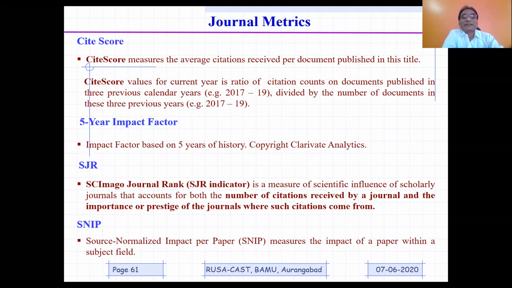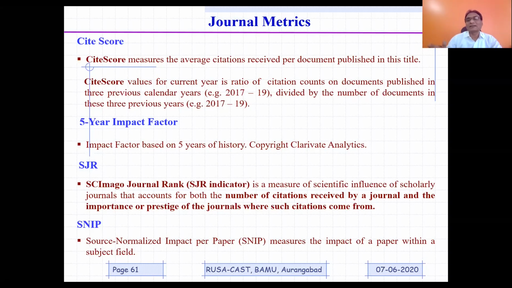Then 5-year impact factor. Sometimes what happens, if you want very stable performance of any journal, like in our academics you are told that you need to score at least B plus throughout your academic career. So the student who is scoring B plus in each and every class is going to be considered as a very stable performer, right?